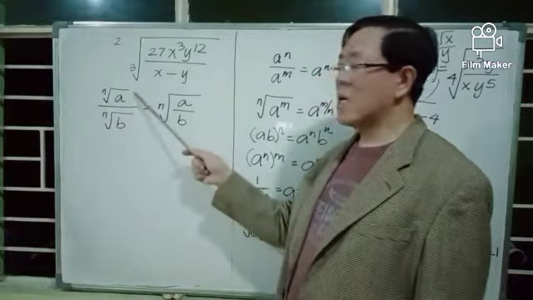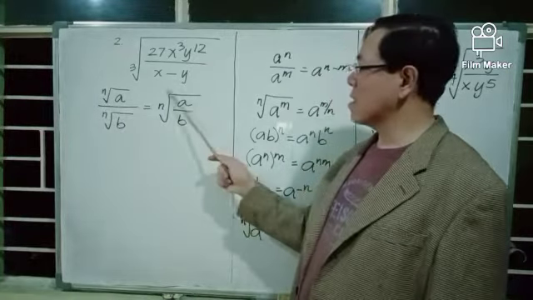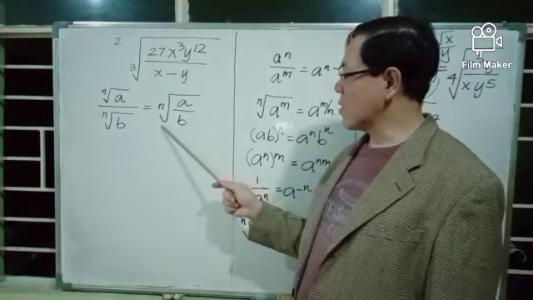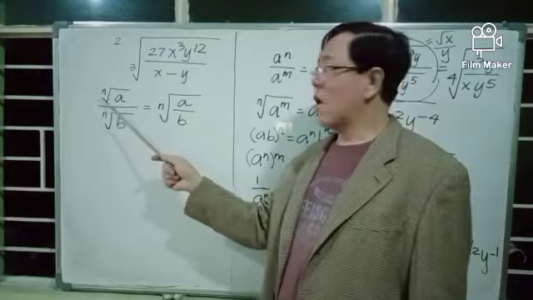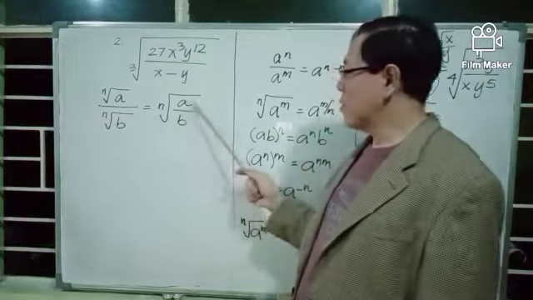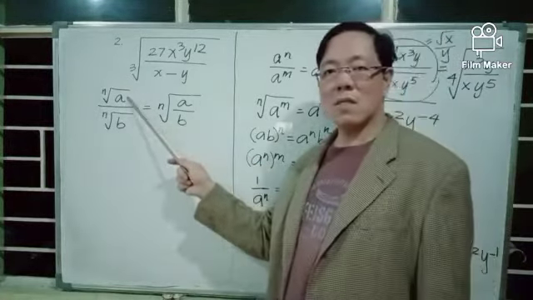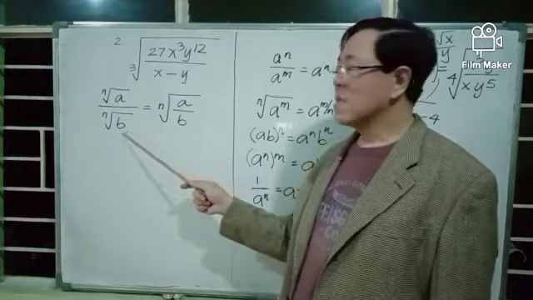This ratio of two radical expressions with common index n can be written as a single radical expression where the index of the radical sign n is the common index of the radical expressions in the numerator and denominator, and the radicand is the quotient of the radicands in the numerator and denominator.